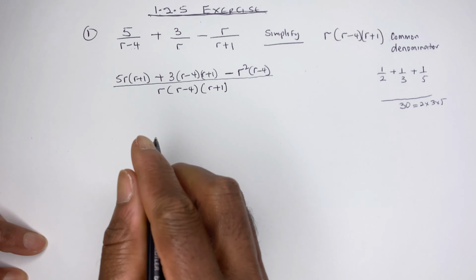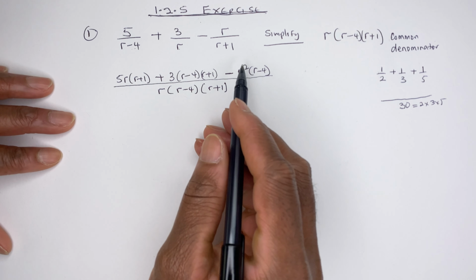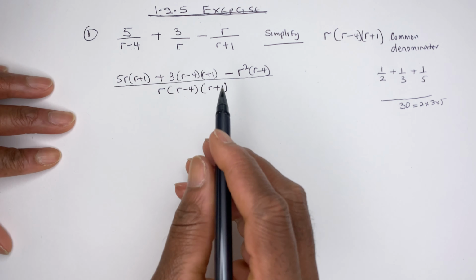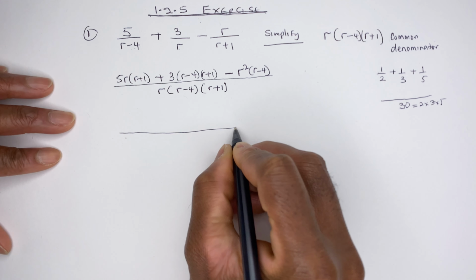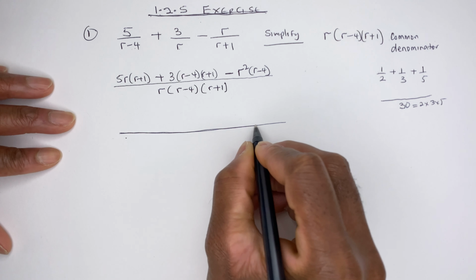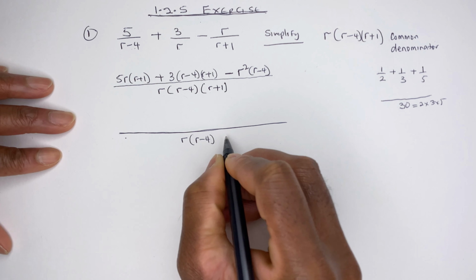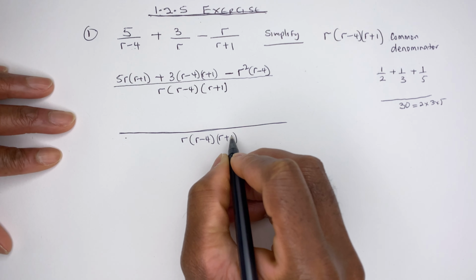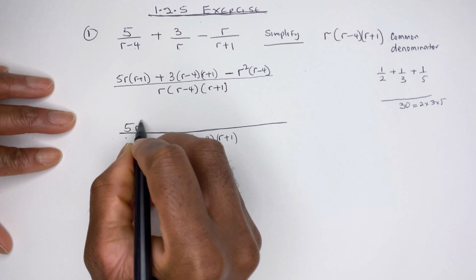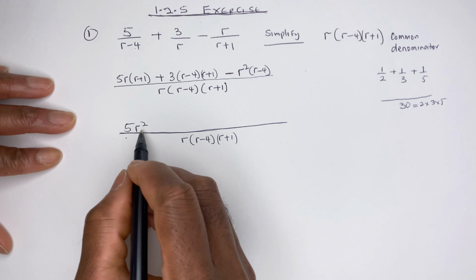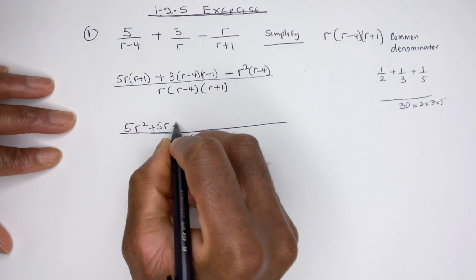So what do I do next? Well, it might be best to try and expand, so multiply out. I will just draw my line here. Obviously it's going to be longer now. Expand it, r minus 4, r plus 1, still the common denominator. So this will be 5r squared. 5r times r, 5r squared. 5r times 1, plus 5r, plus.